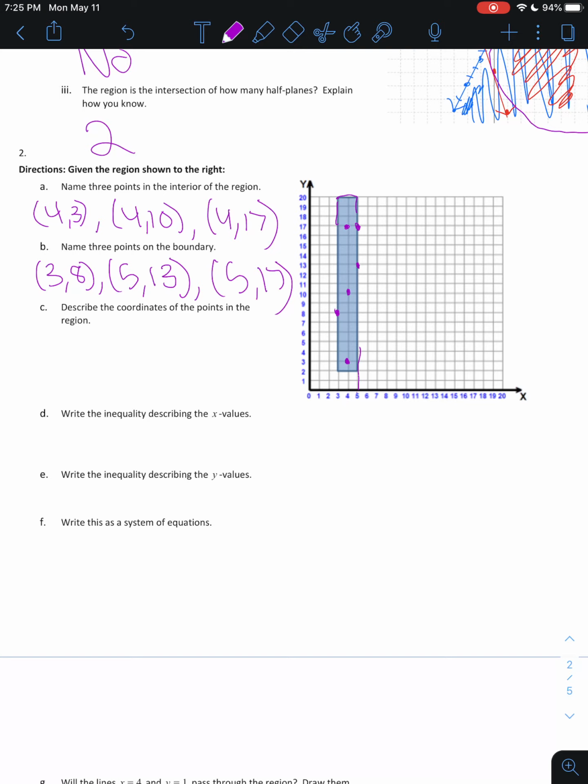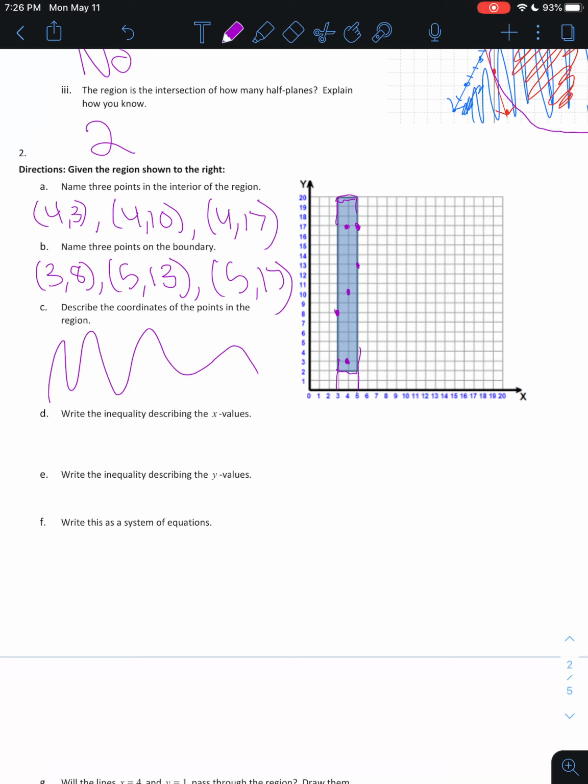This is x equals 5. And they're all greater than or equal to x equals 3. And again, same thing with y. They're less than or equal to y equals 20 on top, and greater than or equal to y equals 2. So actually you don't have to write anything for this one just because we're going to answer it down here for D and E.